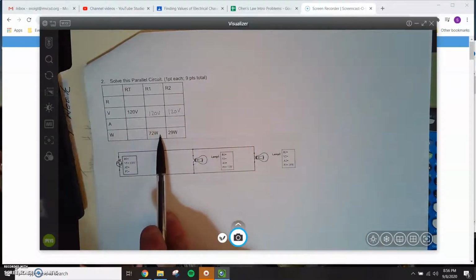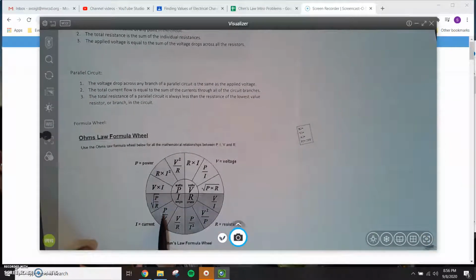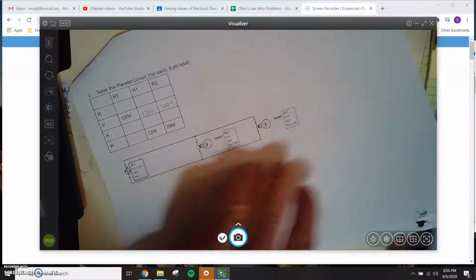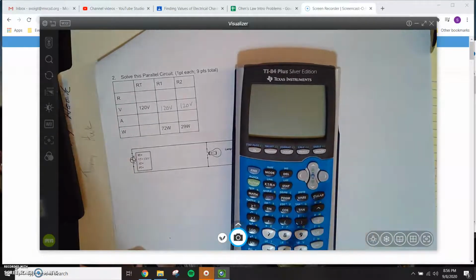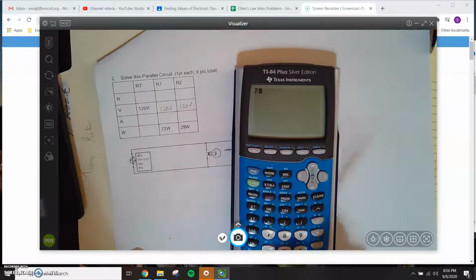If I know power and I know volts, power divided by volts gives me amps. All right, so power. Okay, I'm going to clear that. Power for resistor 1 is 72. So power divided by 120.